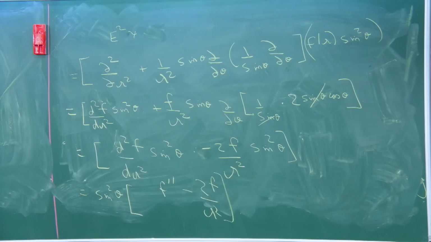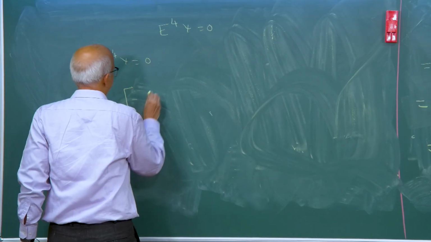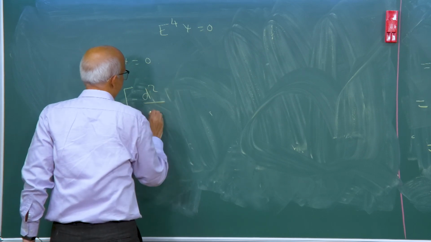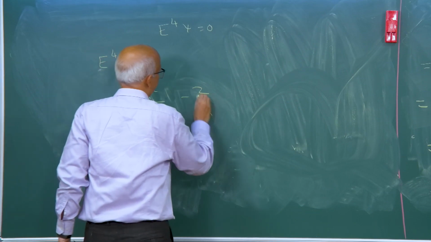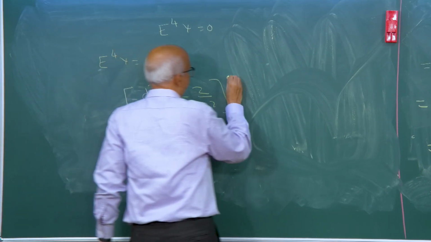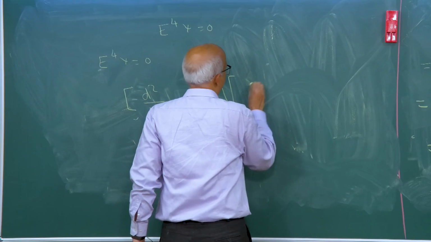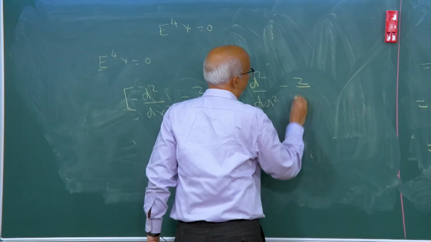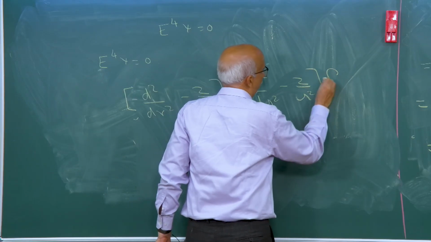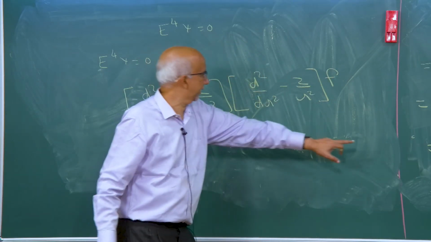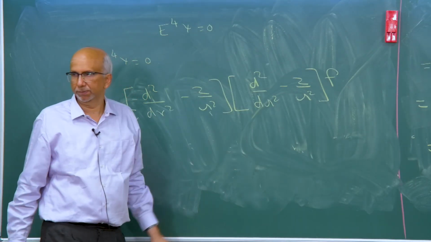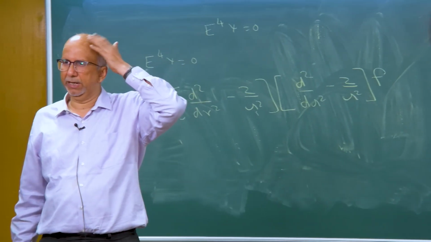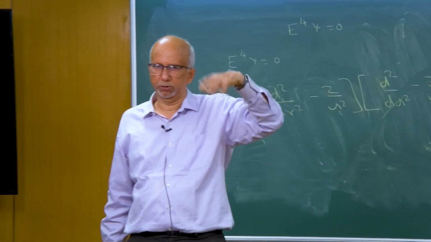You will get something like d squared by dr squared minus 2 by r squared operating on d squared by dr squared minus 2 by r squared operating on f. Again you have to do the operation here. You will get a fourth order equation in f, which we have to solve for.